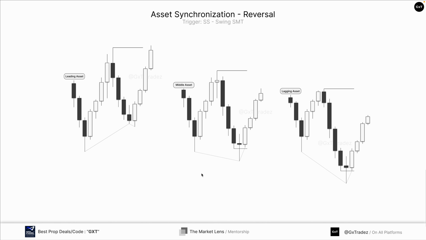Now let's get into asset synchronization reversal, where our two-stage SMT is via swing SMT. So as you can see, what do we have here? Basically an SMT and a swing point on all assets, but they're all closing bearish.